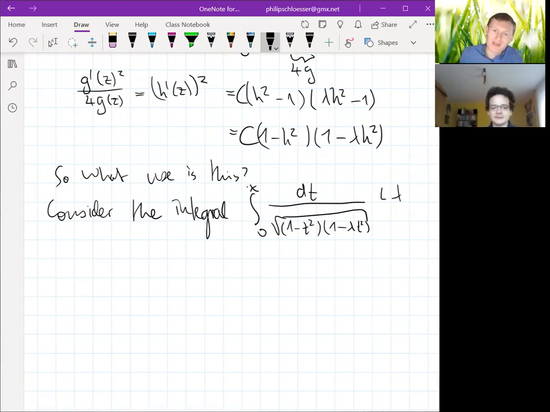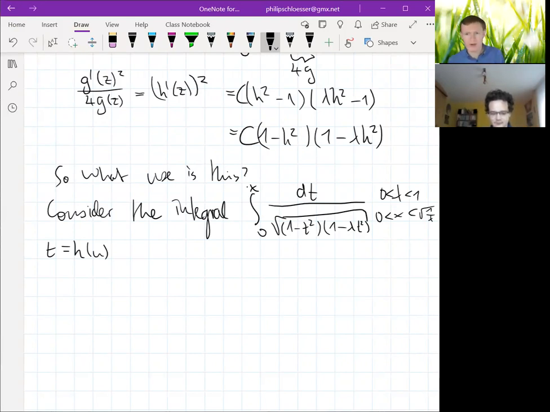For lambda being smaller than 1 and x being smaller than the square root of 1 over lambda. Well, we could substitute t is equal to h of u. Why not? We have some function, we can do the substitution, and since our function h was supposed to be meromorphic, it is surjective, and if we carve out a lot of stuff, we can make it bijective.